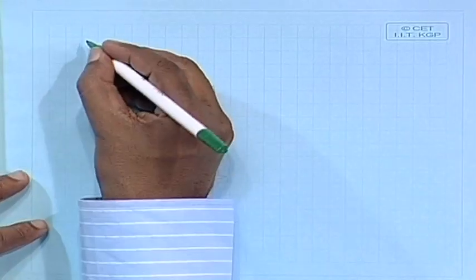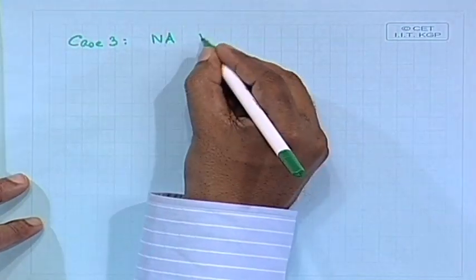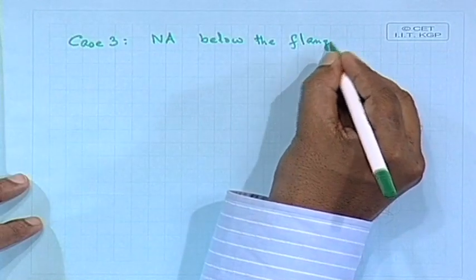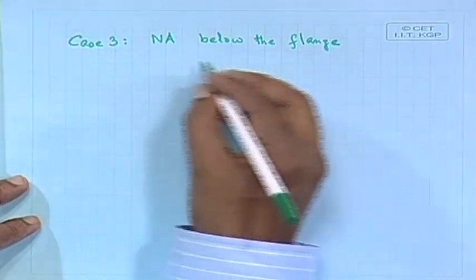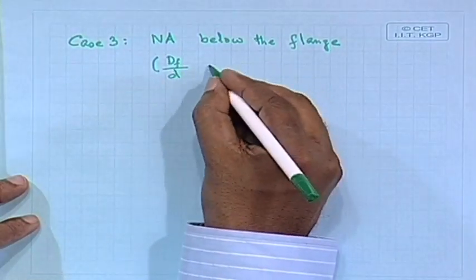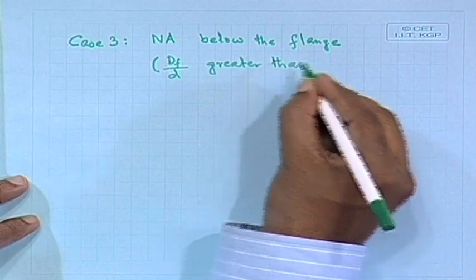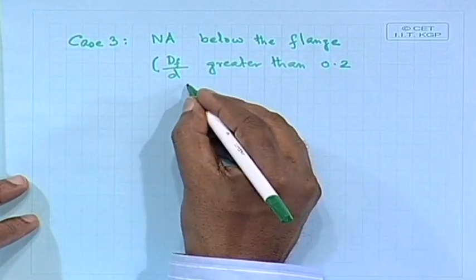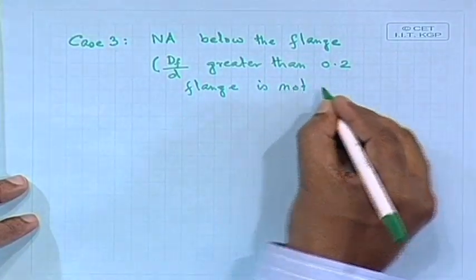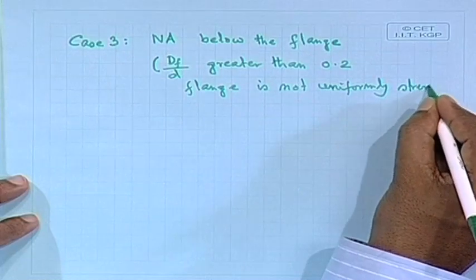So, case 3, neutral axis below the flange, and Df by d greater than 0.2, and the flange is not uniformly stressed.